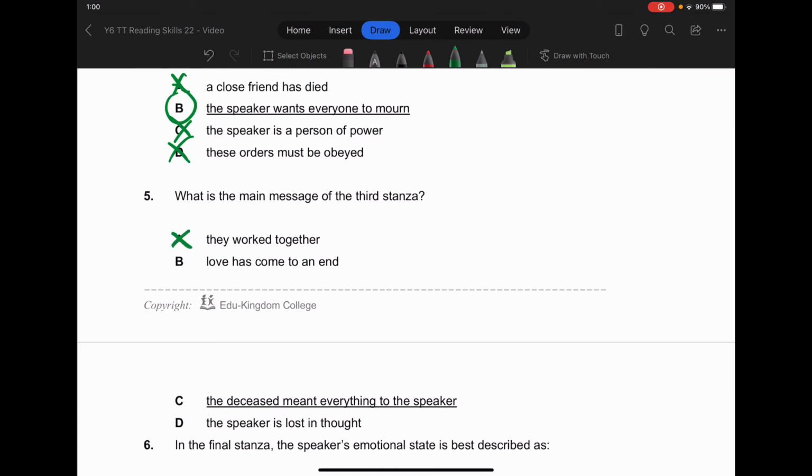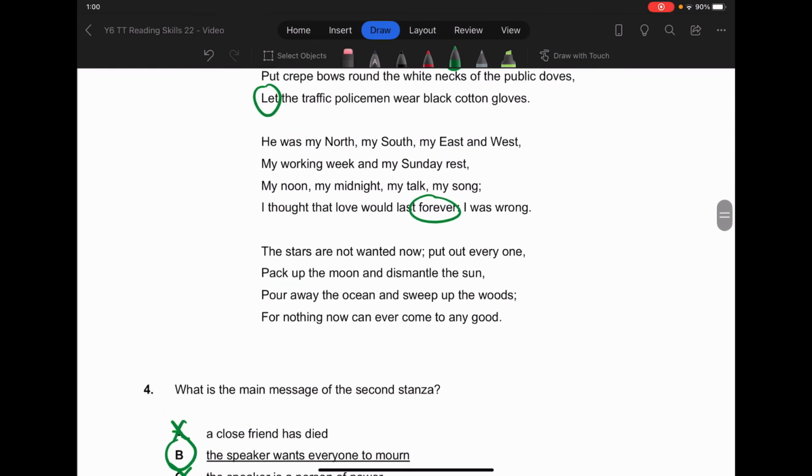I'll leave B for now because I think that could have been one of your answers. D, the speaker is lost in thought. That is not true, and if that was true, we would need it to be a bit more specific. And C, the deceased meant everything to the speaker, which is what we have communicated. I wouldn't say that it's B, simply because that is the last line. I thought the love would last forever.